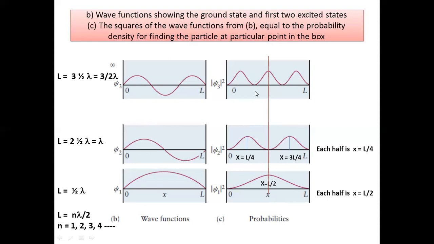Similarly, you can move further to the third level. You get the point over here: the first I have divided into two parts, here I have divided into four parts, and here you can find there are three peaks, and you can divide it into three.